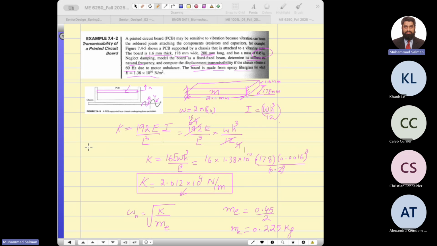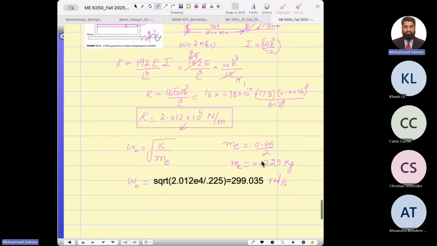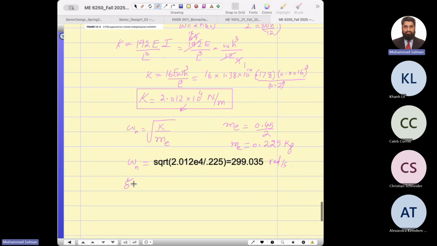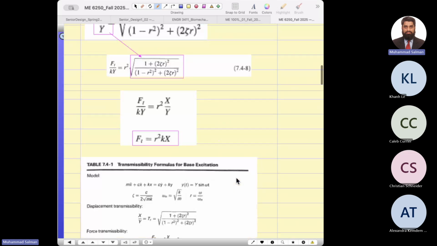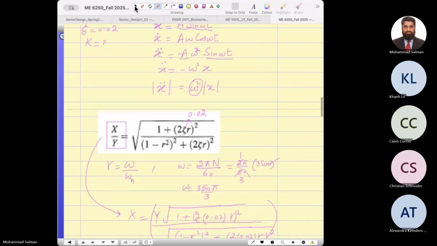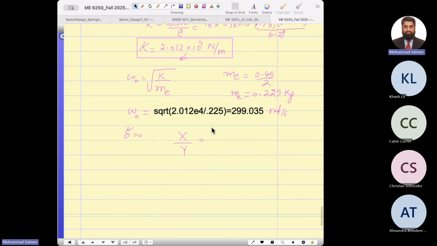And now it says find the displacement transmissibility. So it does not have any zeta value, so zeta is assumed to be 0. And I know that the displacement transmissibility is this formula. I'm going to grab this formula. Okay.